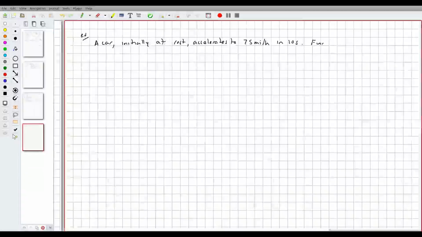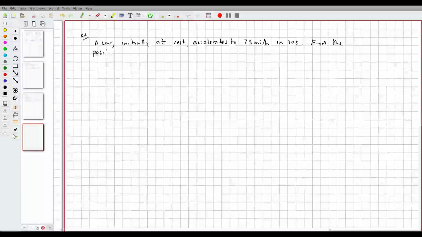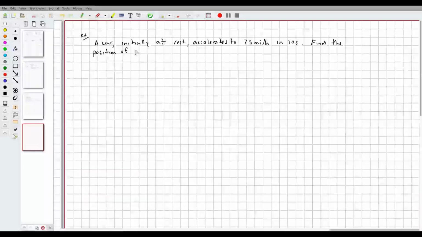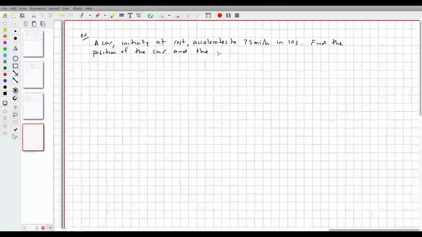Find the position of the car and the average acceleration.